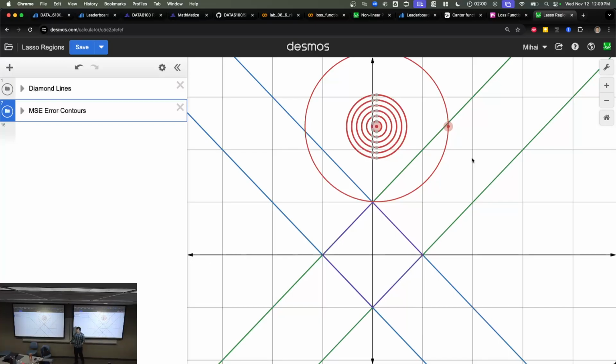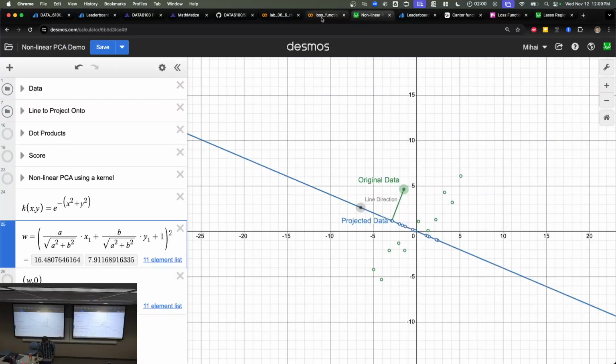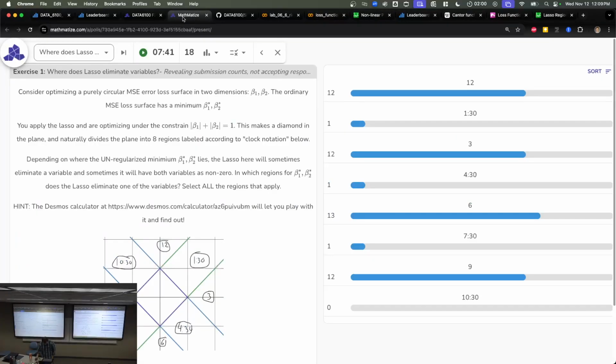What this is saying is, with the amount of regularization you added, the minimum of this pyramid plus the bowl will happen exactly here. And in that situation, are we eliminating a variable? Yes, we are. This is a nice corner. The x value here is 0. The y value is 1. And so we have eliminated the variable x. X is exactly 0. So that is the correct answer to 12. If you selected 12, you got it right.